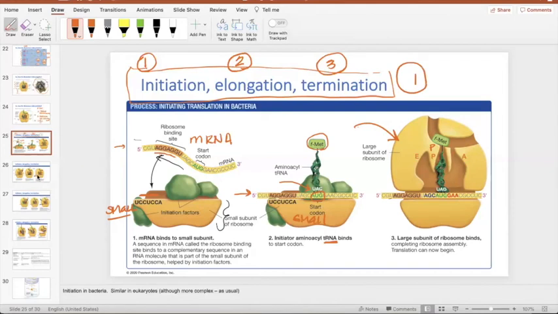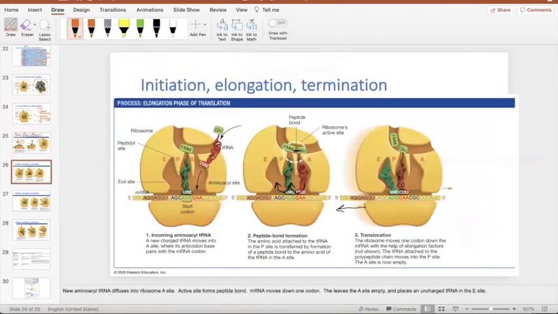To get elongation started, what's going to happen next is we're going to have the next tRNA diffuse into this ribosome, and you can see that this tRNA has an anticodon here that is complementary to the next codon in the sequence. So this guy comes in and docks in this A position.